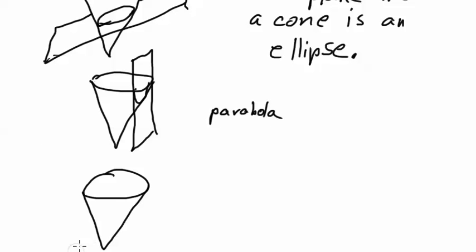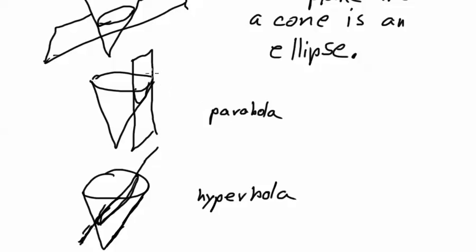And if we slice the cone in just the right angle this way, with the lines lining up, so that this plane is parallel to one of the edges, we get something called a hyperbola. I seem to be having trouble drawing this.